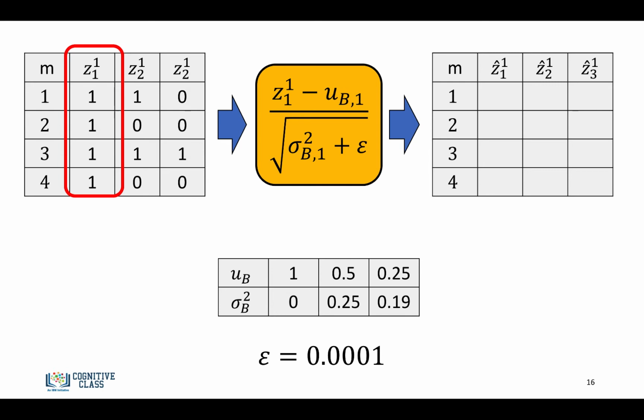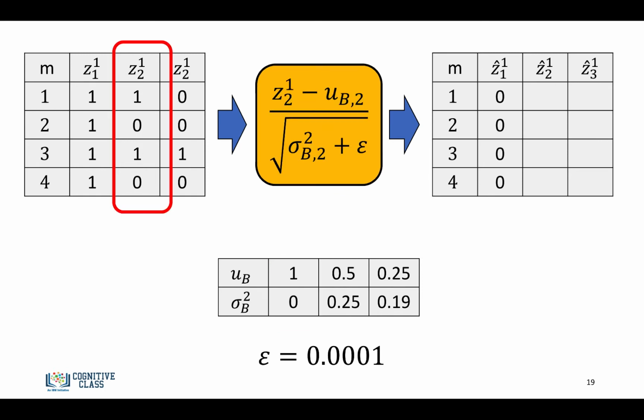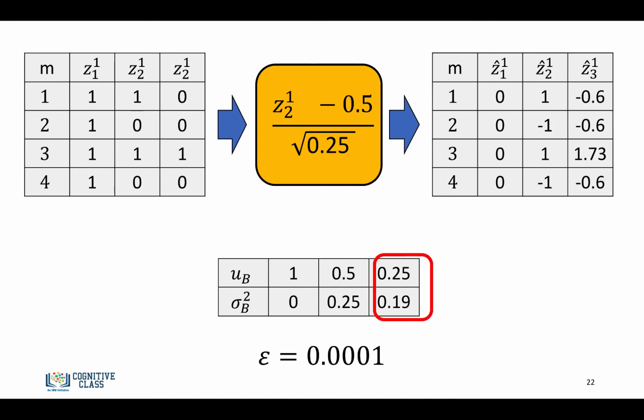And just to note, we'll add a small value in case the standard deviation is 0, which is the case here. So we normalize the values, and we get the following values. We'll repeat the process for the second neuron, and all the ones stay as 1, and you can verify this by calculating it yourself. And all the zeros get converted to -1. And we'll repeat the process for all the outputs for the final neuron.